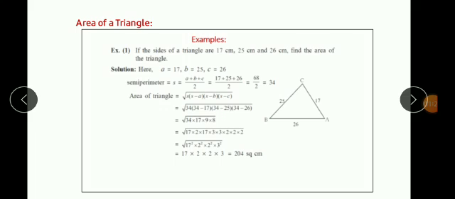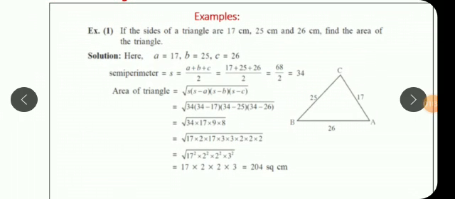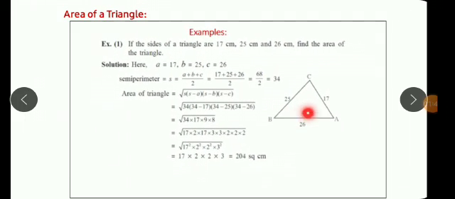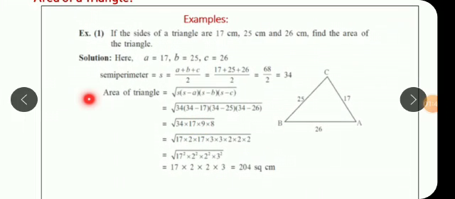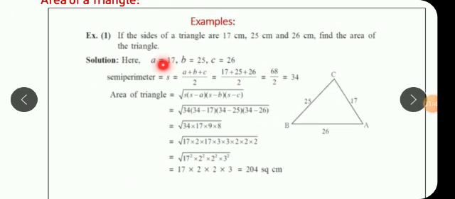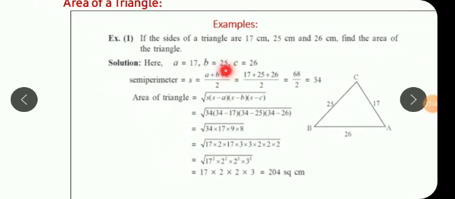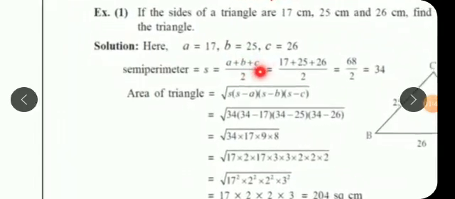So let us see the first example. If the sides of a triangle are 17 cm, 25 cm and 26 cm, find the area of the triangle. Solution. Here this is a triangle ABC, and you have to name the sides. A is equal to 17, B is equal to 25 and C is equal to 26.